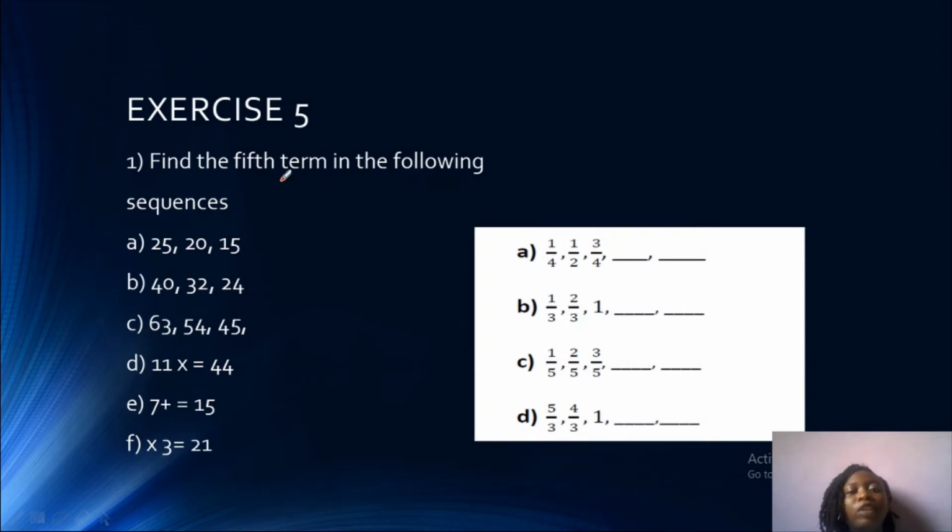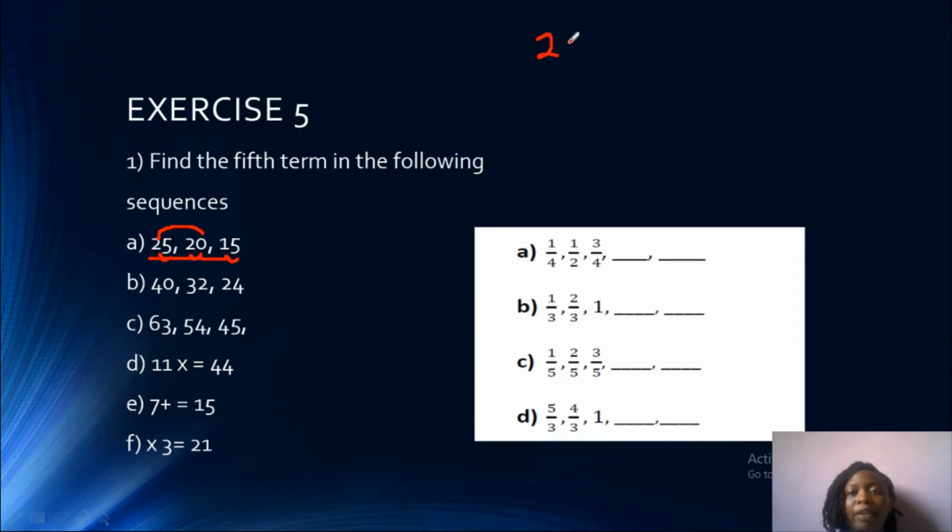Let's find the fifth term in the following sequence. So we have a sequence here. 25, 20, and 15, right? So let's see if we can get a rule from those two numbers because they are close to each other.